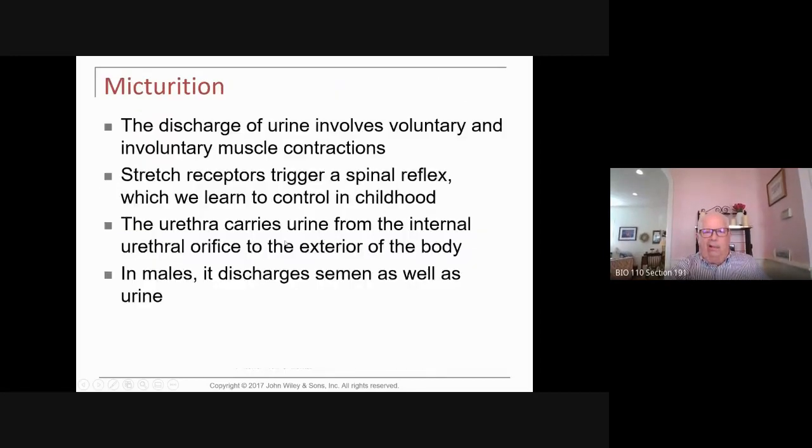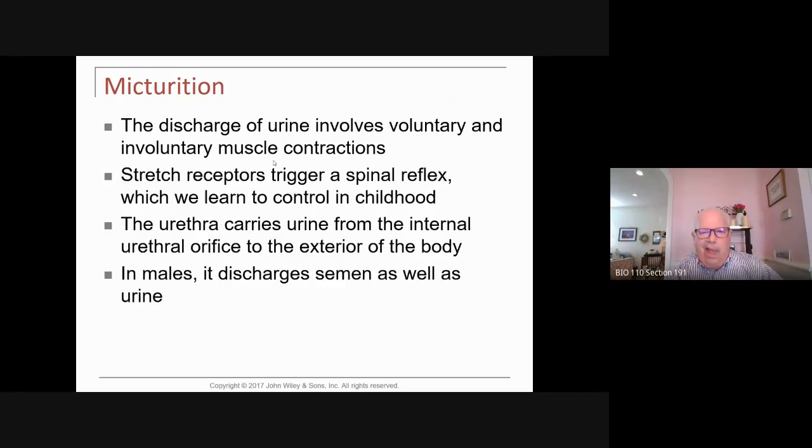In the male, the urethra not only discharges urine, but it also discharges semen. Okay? I want you to understand that the word micturition means the discharge of urine. Peeing is the vernacular term.